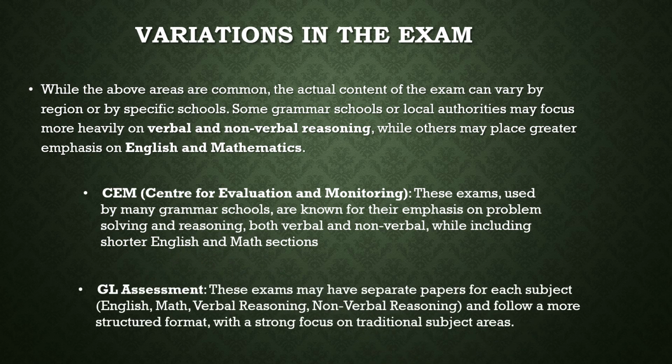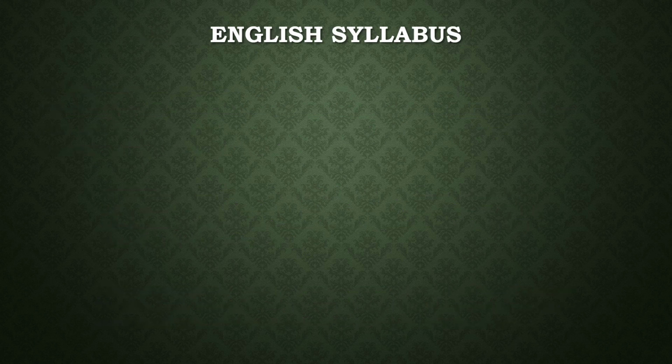The other type of assessment is GL Assessment, where these exams may have a separate paper for each subject, like in the case of the Kent exam. So they have English, maths, verbal reasoning, and non-verbal reasoning, and follow a more structured format with a strong focus on traditional subject areas.